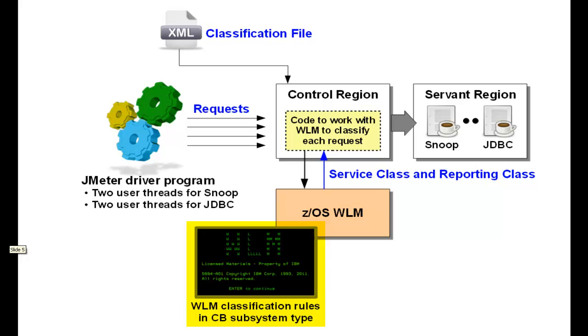The WLM classification rules are in place that we just took a look at, and we're going to drive the requests into this server using the JMeter driver program, and we have it configured to drive 2 user threads for the Snoop application and 2 user threads for the JDBC application, and those thread groups are set to just loop and keep driving the applications over and over again. So let's go watch this in action.